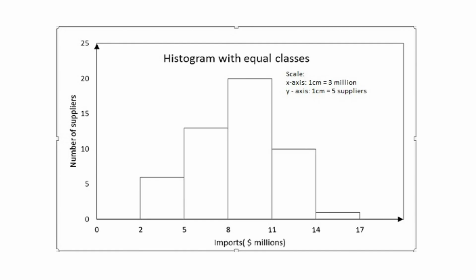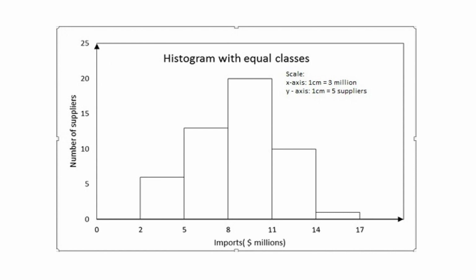The important point in the construction of a graph is selection of the scale. For the considered example, the variable is imports in $1 million, which we shall take on the x-axis, and the number of suppliers is the frequencies, which we shall take on the y-axis. The width of the class interval is 3.